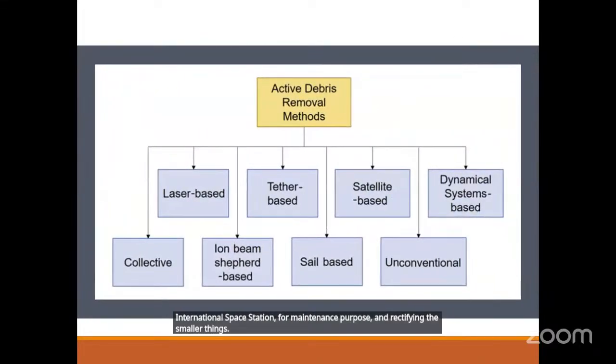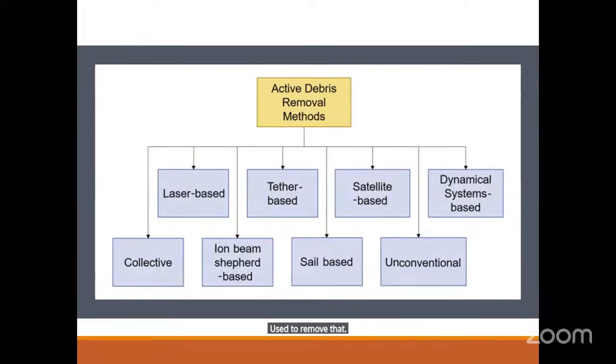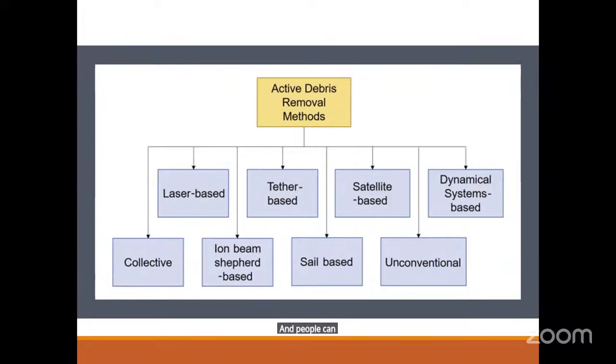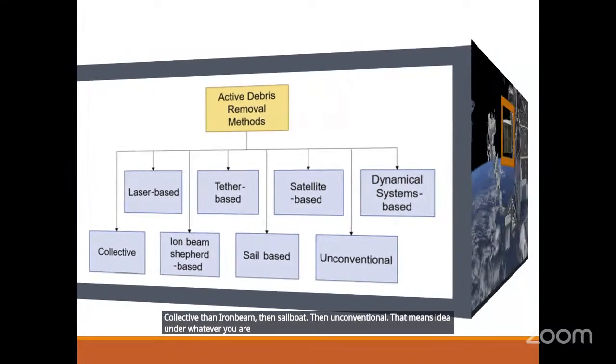Then active debris removal: I already told you these are the different categories used to remove debris. That is laser based, net based, satellite based, dynamical systems. The dynamical system is also very useful and people can utilize it. Students can have ideas and use the electrodynamic tether, then ion beam, then solar sail, then unconventional methods. That means any idea you have, you can go for it.